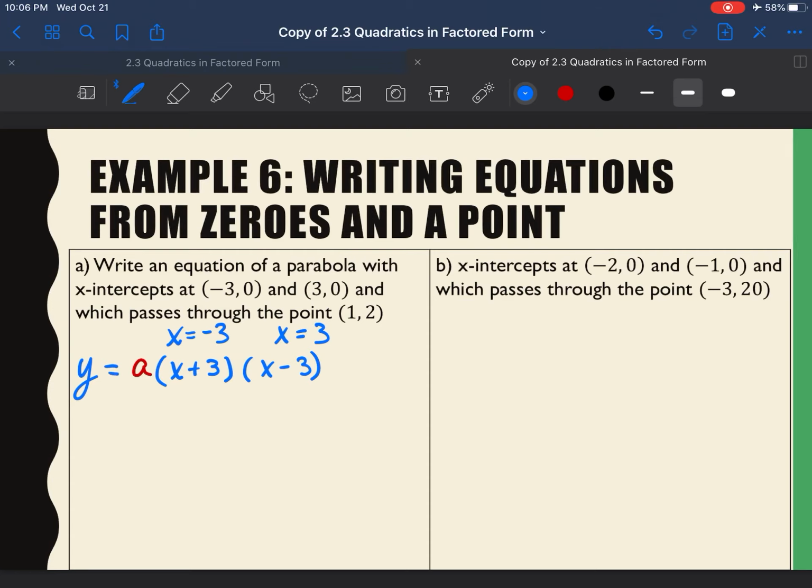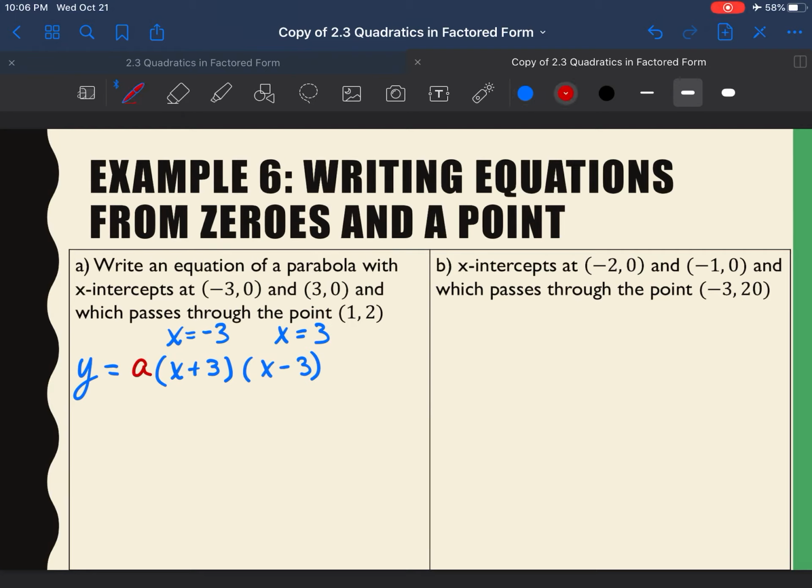That now makes this an equation that has some kind of stretch or compression. Now, in order for us to know the exact equation that has those x-intercepts and also crosses through the point (1, 2), we need to figure out what a is equal to.